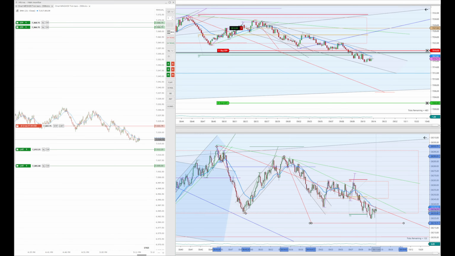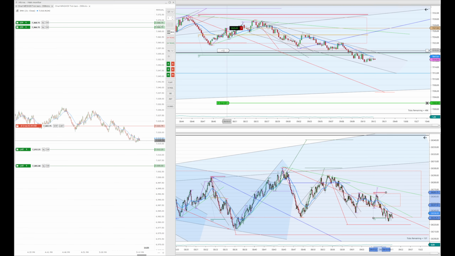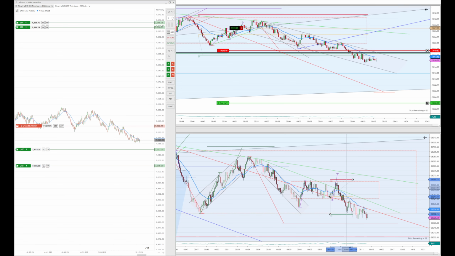NQ is finding some support around these lows. But if it manages to break through, it should get ES down with it.